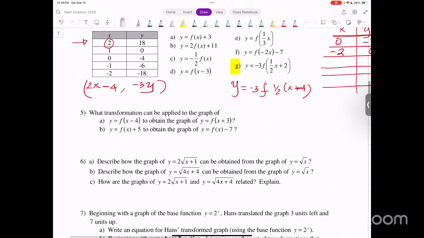question number 5A, a verbal question, completely verbal. If y is equal to f of x minus 4, to obtain a graph, what transformation can be applied to the graph to obtain y equal to f of x plus 3?